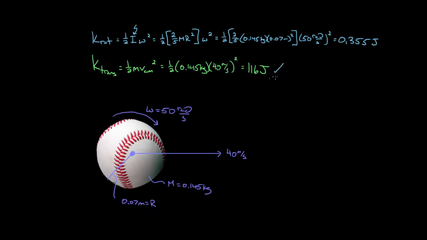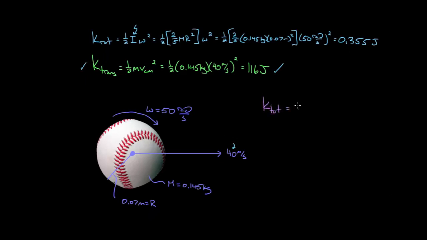That kind of makes sense. It's the fact that this baseball is hurtling toward home plate that's going to make it hurt if it hits you, as opposed to the fact that it was spinning when it hits you. That doesn't actually cause as much damage as the fact that this baseball's kinetic energy is mostly in the form of translational kinetic energy. But if you wanted the total kinetic energy of the baseball, you would add both of these terms up.